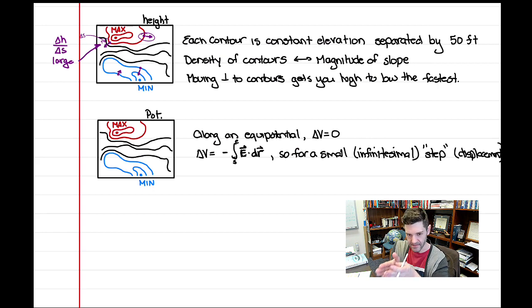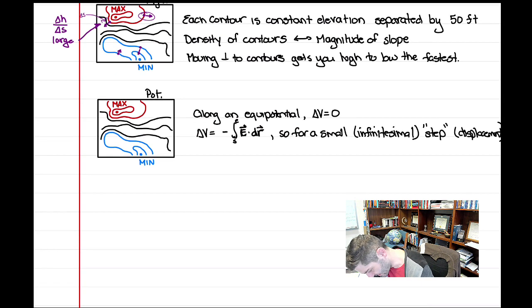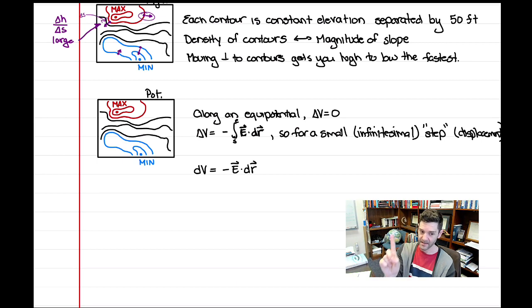For one of these little steps along this path, what that's saying is I would expect some small change in my potential, which is then negative electric field dot dr, right? For one step. And then for every step I have a negative E dot dr, I add them all up. That's an integral.